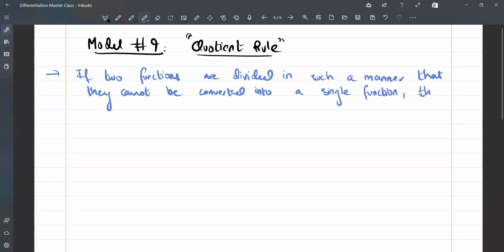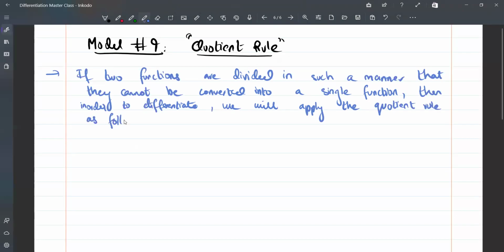then in order to differentiate, we will apply the quotient rule as follows.